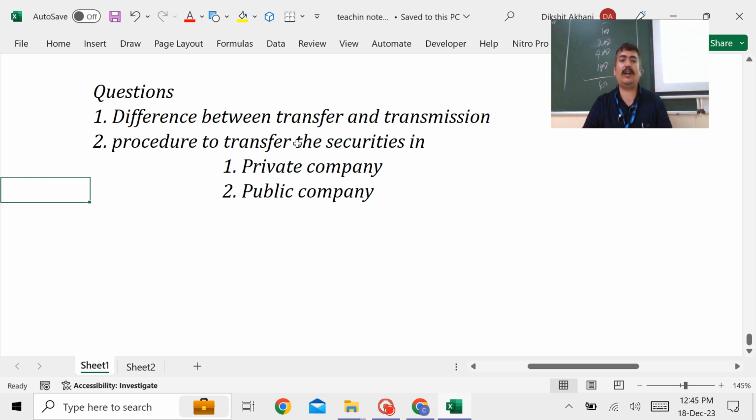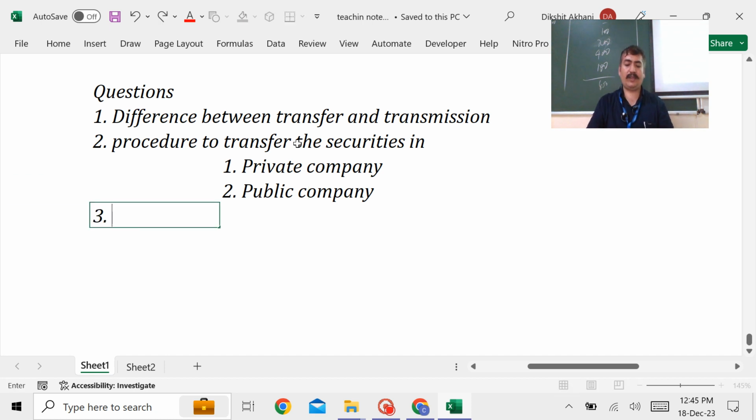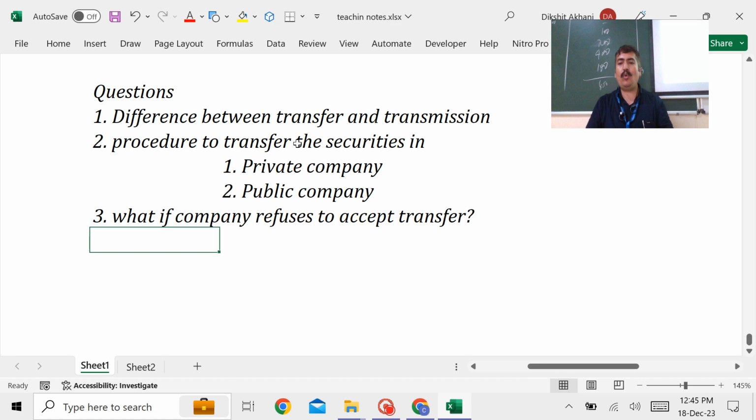Alright. Third, what if the company refuses to accept the transfer? Ultimately, at the end of the day, who will approve the transfer? The answer is the company. But what if the company rejects it, refuses to allow the transfer? Then what are the remedies available?